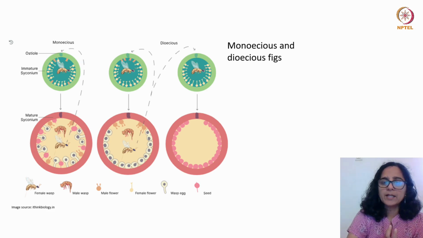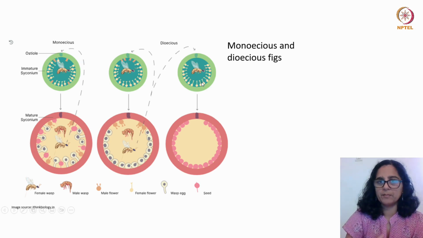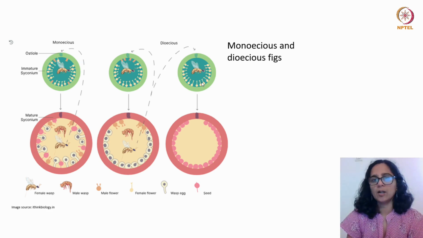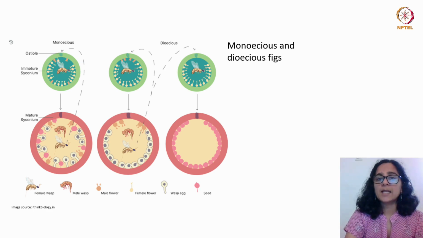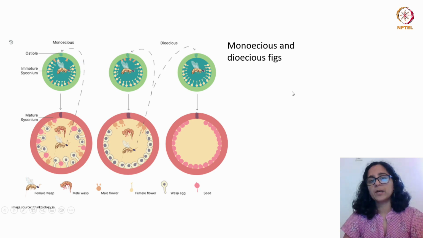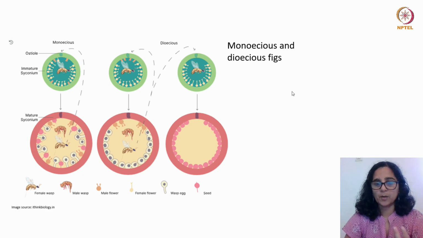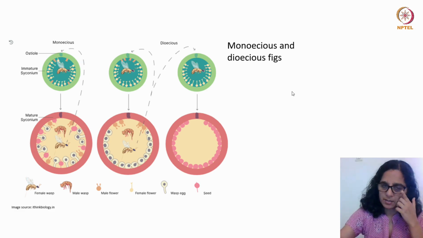So the point here is that the syconium which has only long-styled flowers actually has to attract a wasp in order to pollinate this inflorescence and turn into actual fig fruits with a lot of seeds, right? So how does it do that? I'll let you think about it. I'll come to this at the very end, or this will be given as a question.